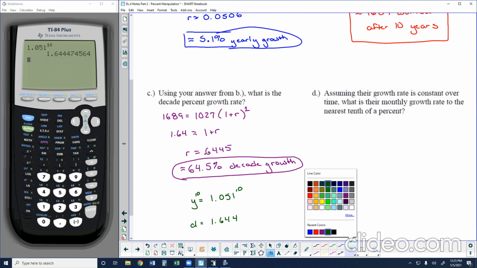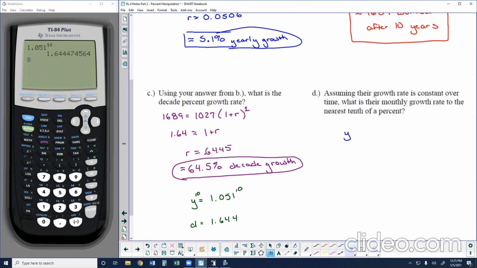So what I would want to do here is take a look at the yearly growth rate. And again, the yearly growth rate is 1.051. Well, the monthly growth rate is going to be less than a year. The monthly growth rate would be 1/12 of a year.